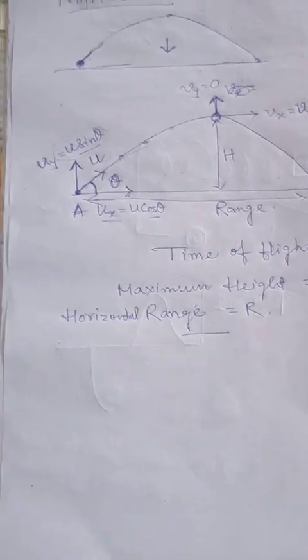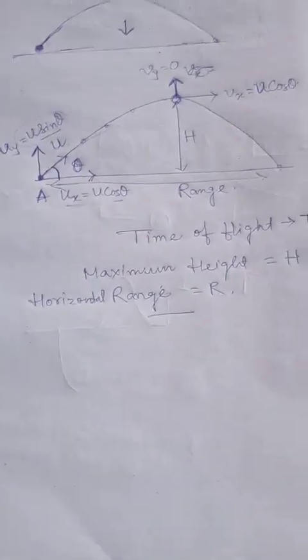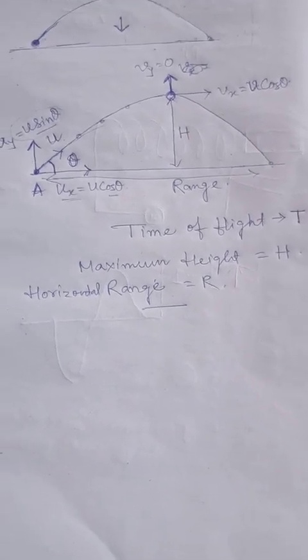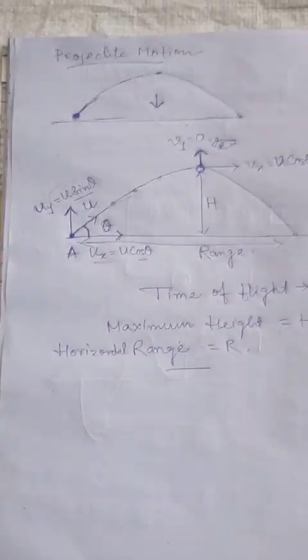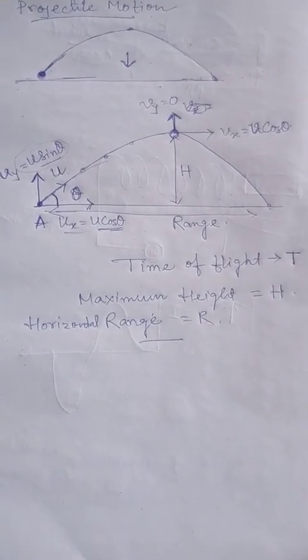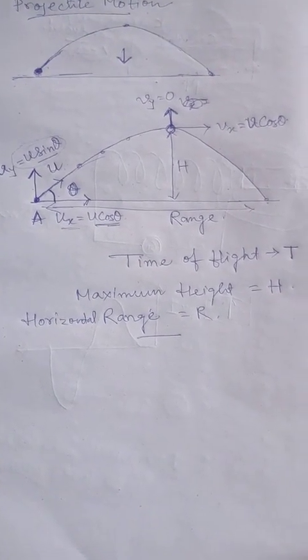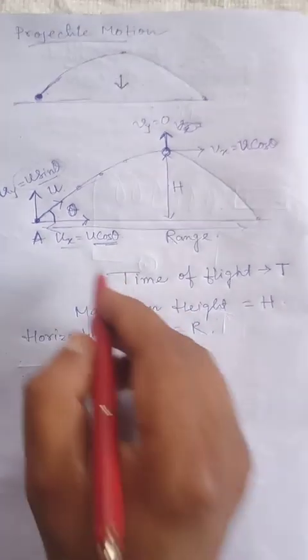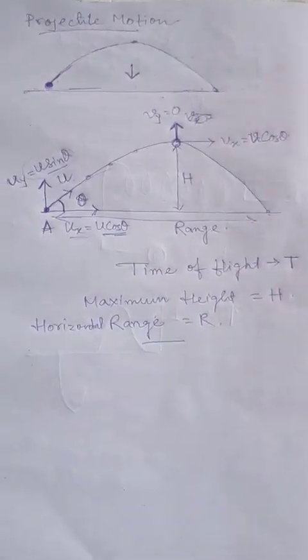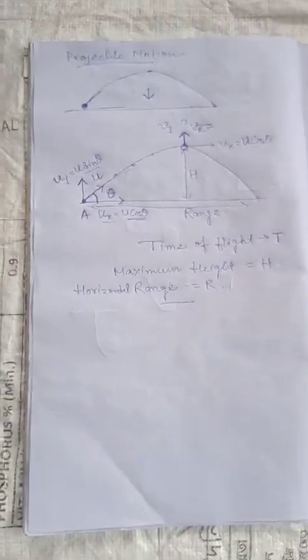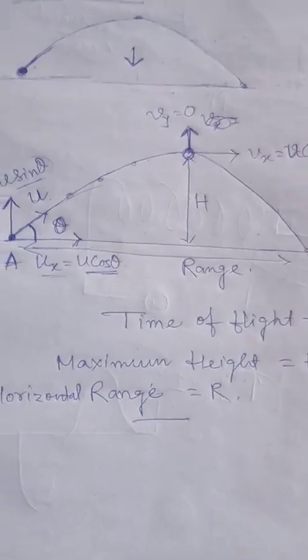Now if we look at the motion of that body along the x-axis, the body does not change its speed. At first it has a velocity of u cos theta along this horizontal line, and it does not change its speed at any instant of time, because no force acts on that body in the x direction.